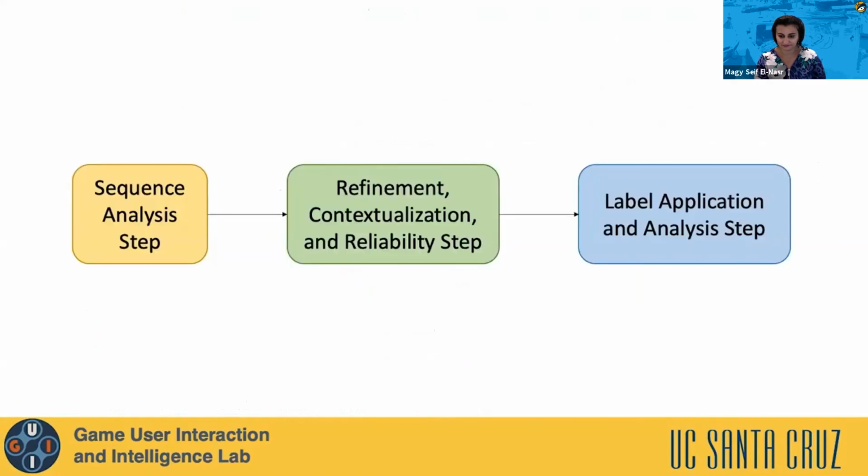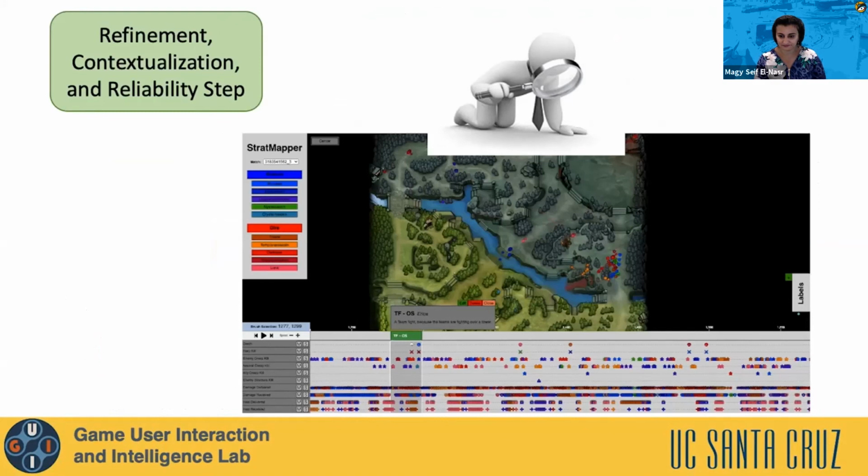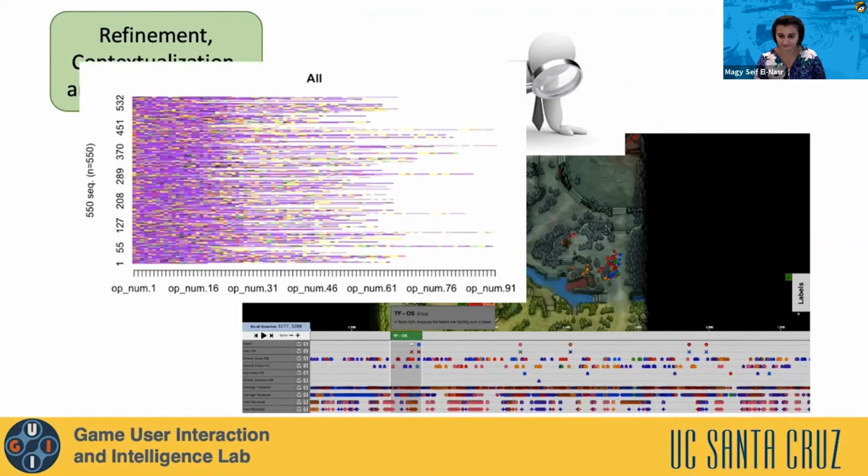Coming back to the overview, the next step is refinement, contextualization, and reliability. In this step, the domain experts use StratMapper to refine and contextualize the labels. The temporal occurrences of sequence patterns in the first step are used to direct analysts to certain time points in gameplay within StratMapper. In other words, if the pattern was observed to be near the beginning of a sequence in the previous step, then the analyst will look for it towards the beginning of gameplay. If it was observed to be towards the end of the sequence, they'll look for it towards the end of gameplay.